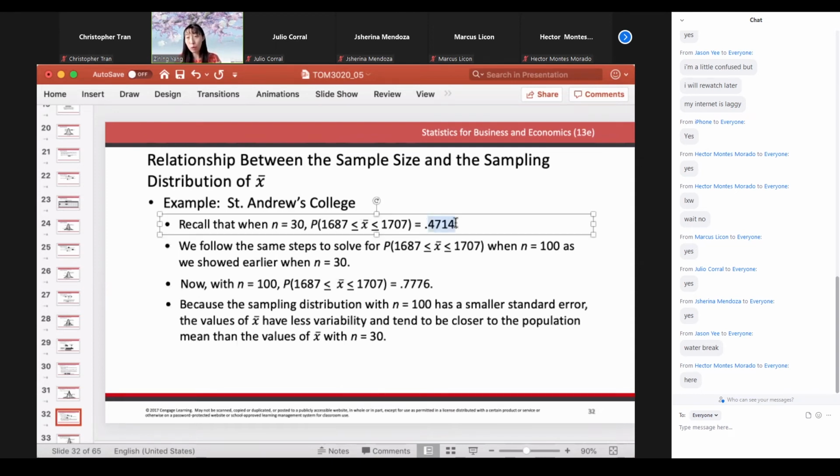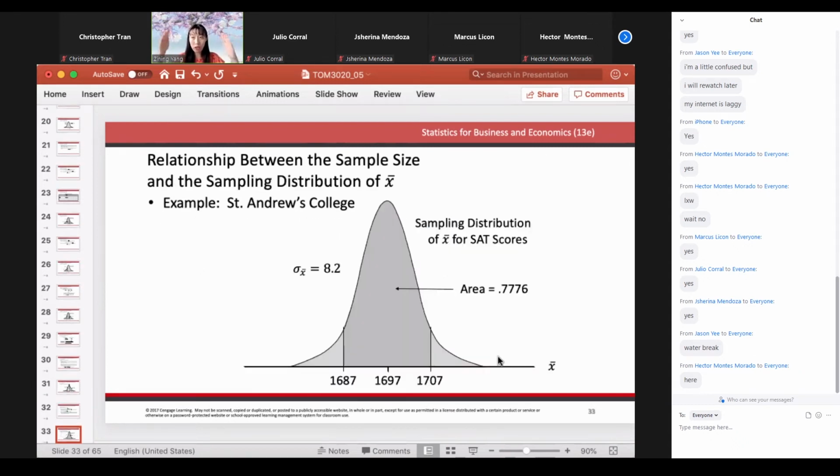Because now, let me show you exactly how that increases our confidence. Previously, there's only a 47% chance we get it in the range. But now with the distribution being very concentrated to the center, with the same buffer zone, the same plus 10, minus 10 buffer zone, doing the same calculation but with a different standard error, now the area in between is increased to almost 78%.